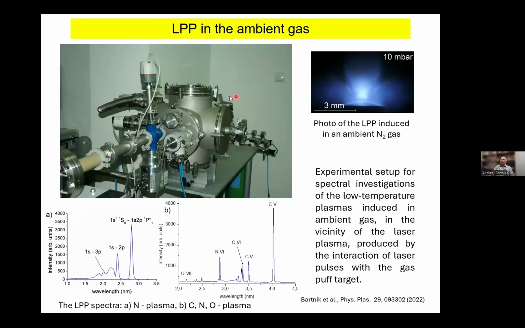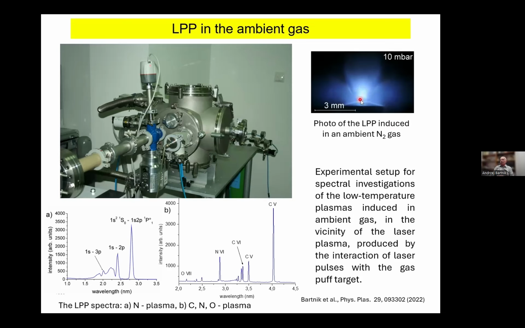We have also a special system with a chamber that can be filled with a gas mixture under low pressure, and inside this chamber we have again a gaseous target to have dense plasma from laser-gas interaction, and there is LPP creation.